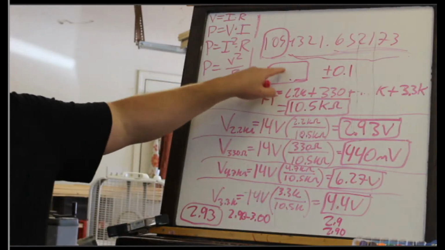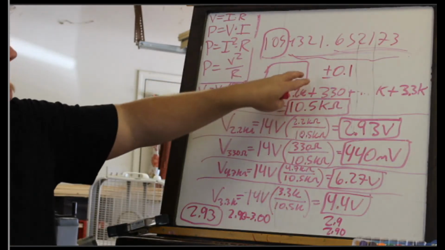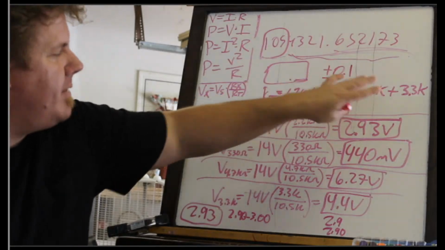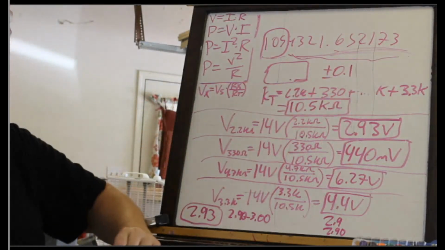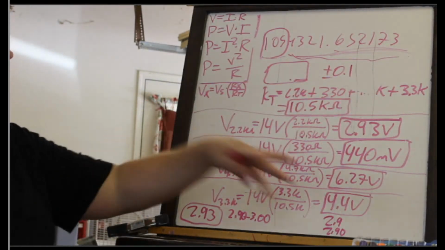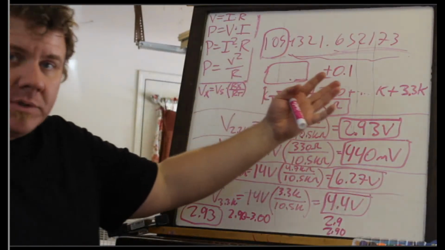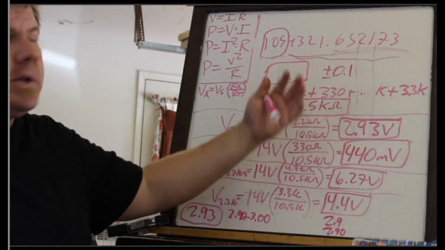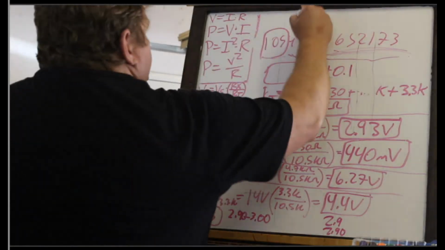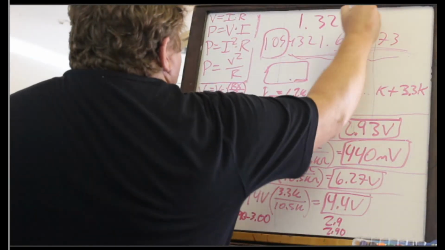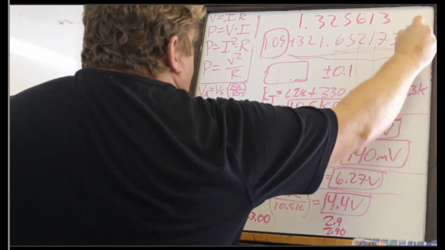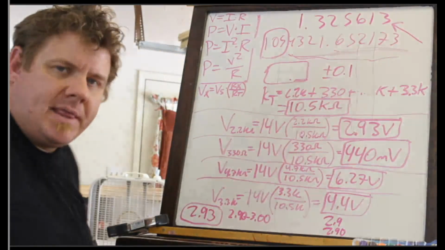This is the kind of stuff that I loved to do in my old job, was to get down into the nitty gritty of the science of numbers and why you would use 9 digits as opposed to, we had an 8.5 digit multimeter. It was a $25,000 multimeter. We could see 1.325613, and ours was good to plus or minus in the millionths.